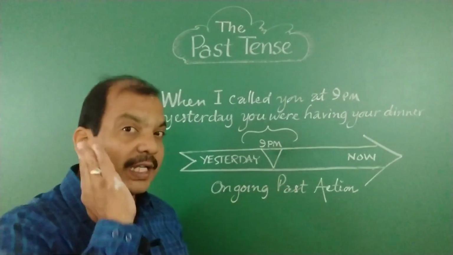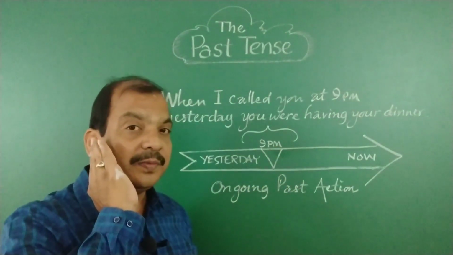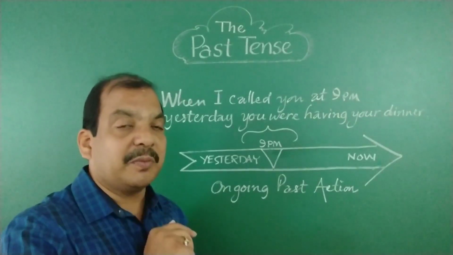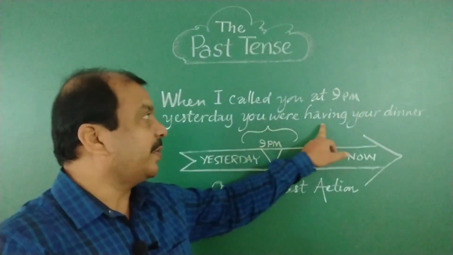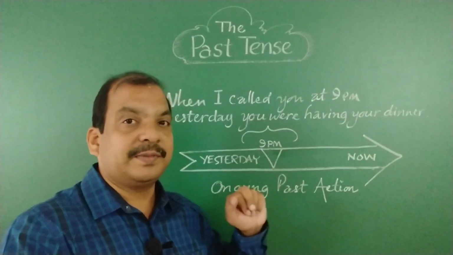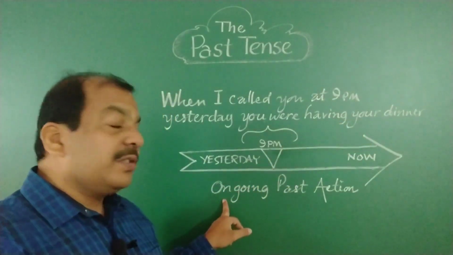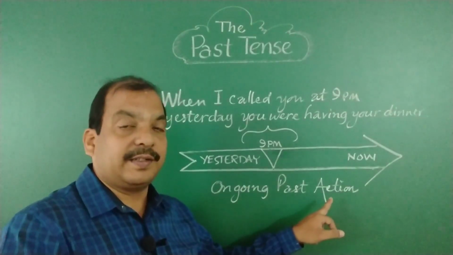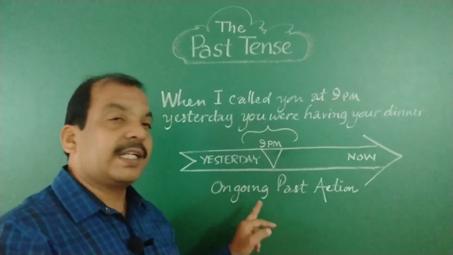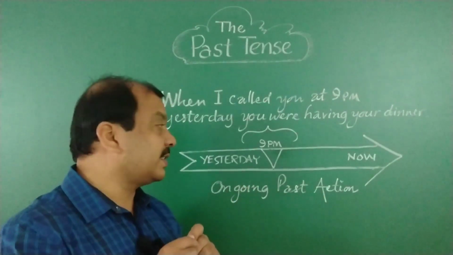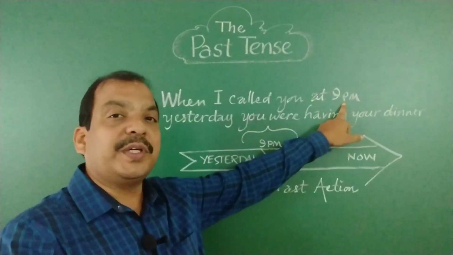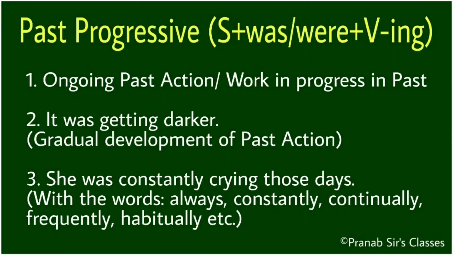And when exactly at 9 p.m. I called you, you didn't pick up your phone, because at that time you were having your dinner. We use the past progressive for the ongoing past action. When the past action was in progress at a particular time in past, we use the past progressive.